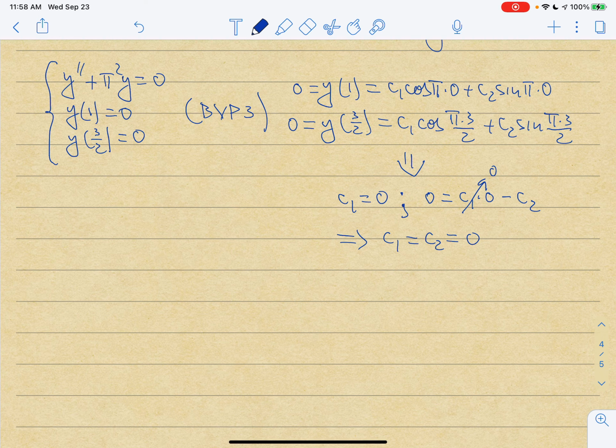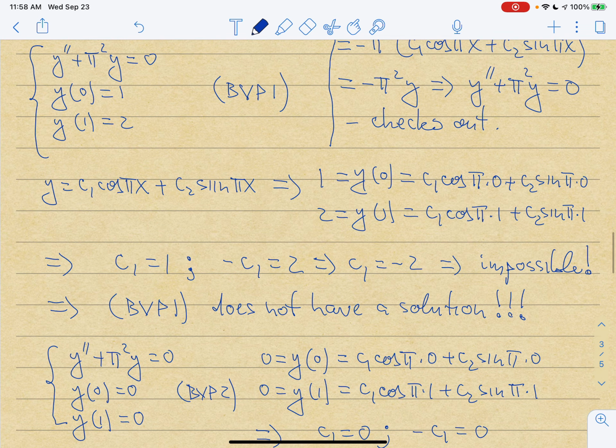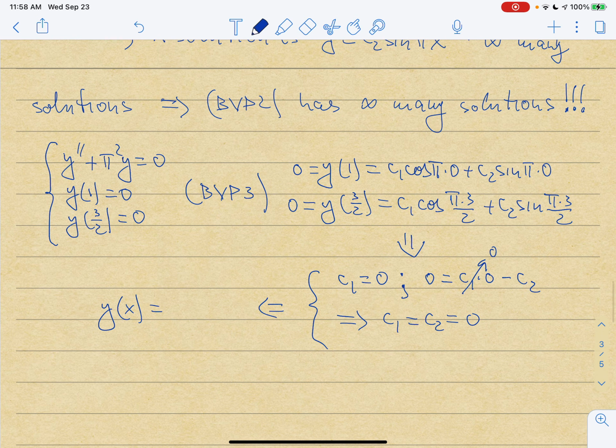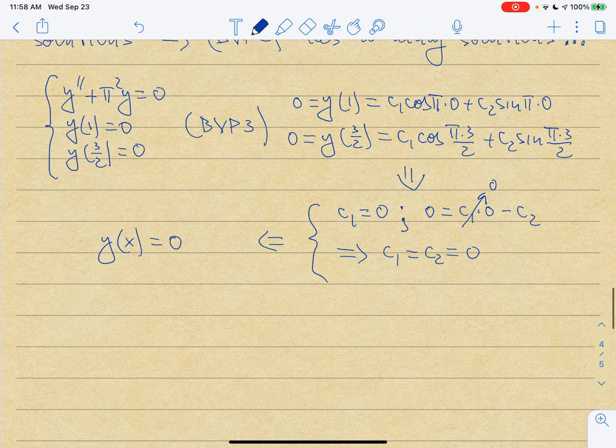And if both c1 and c2 are 0, then we can conclude that y of x should be 0 times cosine of pi x plus 0 times sine of pi x. So overall that is 0. So y is identically equal to 0, and that's the only solution of BVP3.